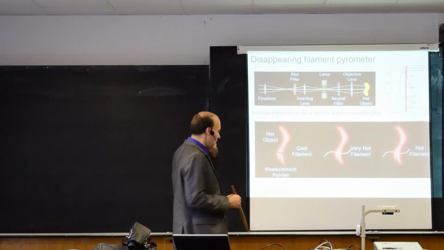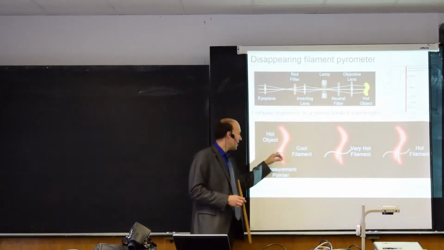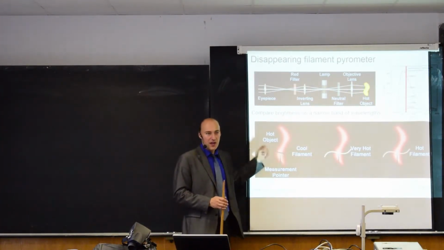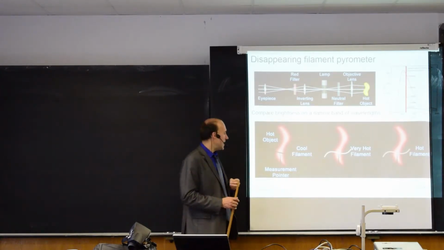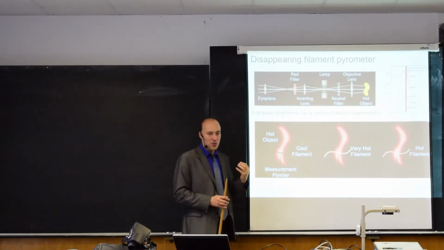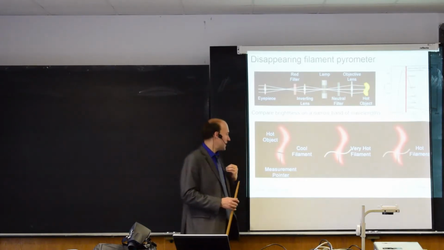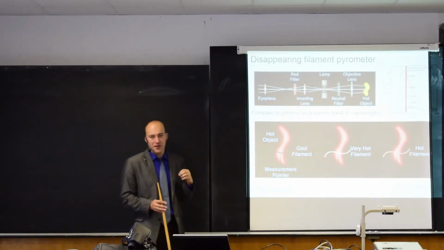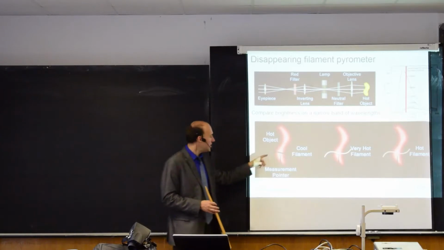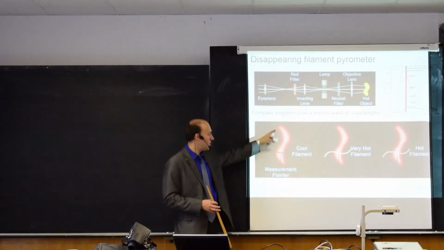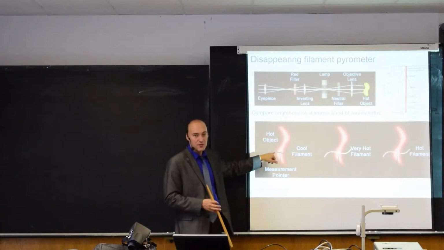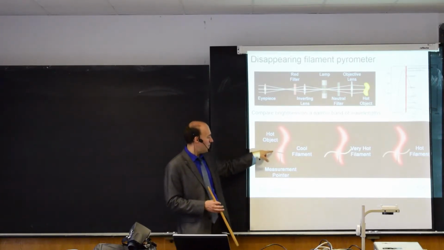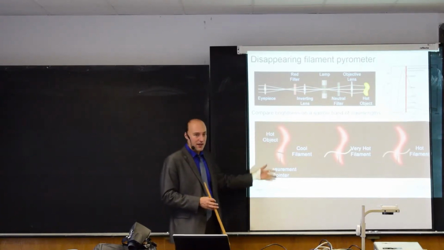So what we see typically looks like this. If the object is hotter than the filament, then the object has higher brightness and the filament is darker. So we see something like this. This is the background, that's the object, and this is the filament. So it looks like a black line on a bright background.